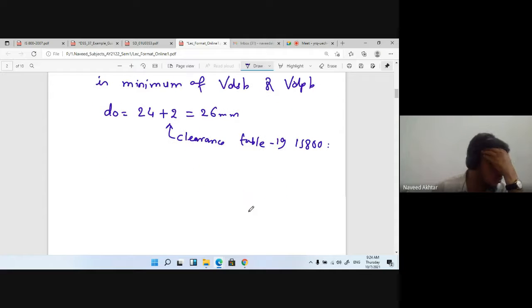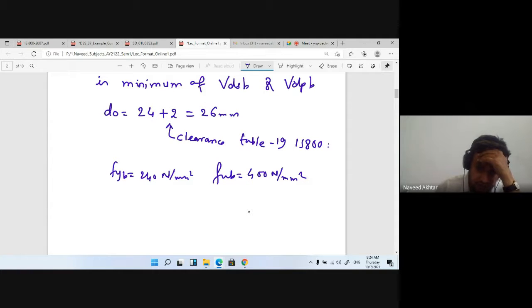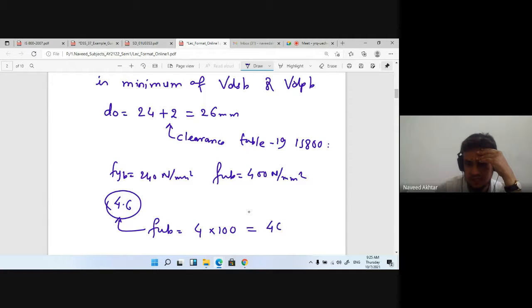Okay, so you know the diameter of bolt, you know FYB is 240 Newton per mm square, FUB is 400 Newton per mm square because of black bolt of grade 4.6. I have just told you how to calculate: if the grade of bolt is given as 4.6, the first term multiplied by 100 gives the ultimate strength of your bolt material, that is 400 Newton per mm square.